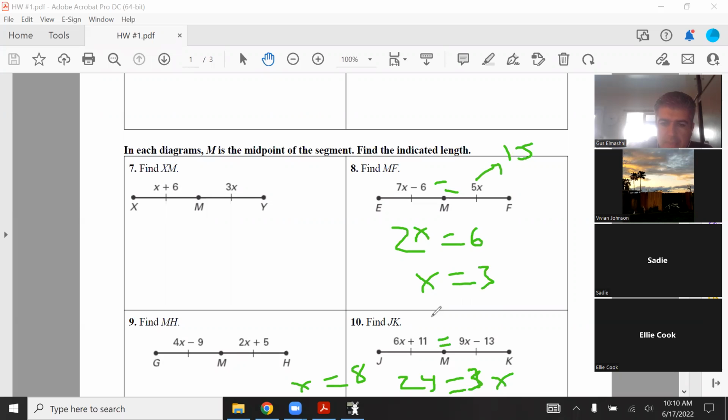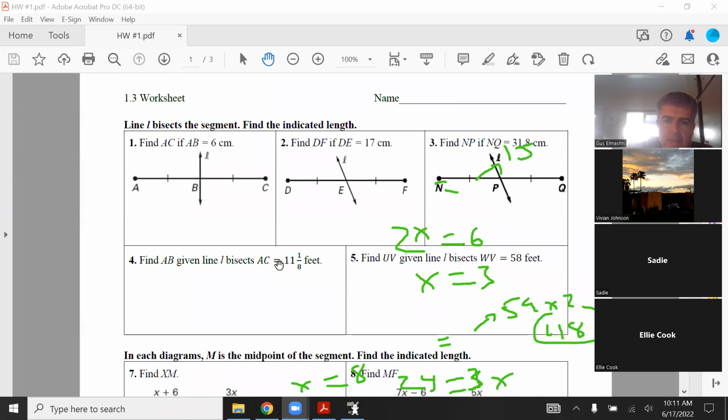JK, the whole thing, one of these things is 59. Is that right? Wait, 6 times 8 is 48 plus 11. Yeah, 59 times 2 is 118. The whole thing. Okay, cool.